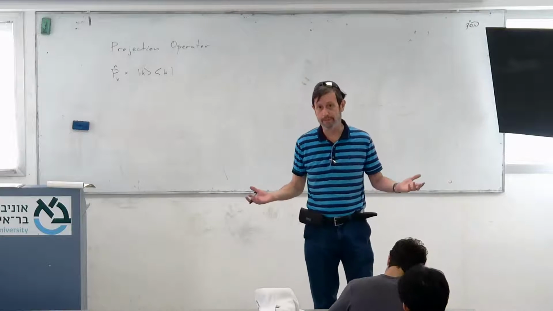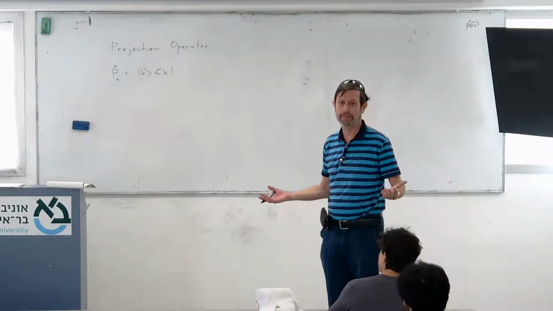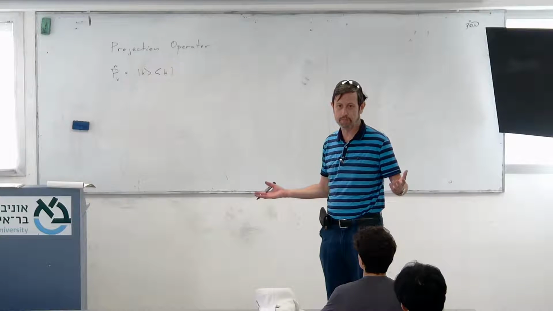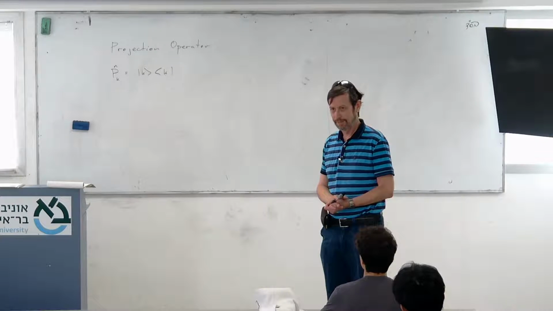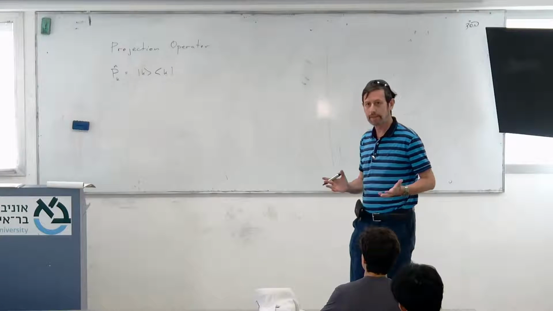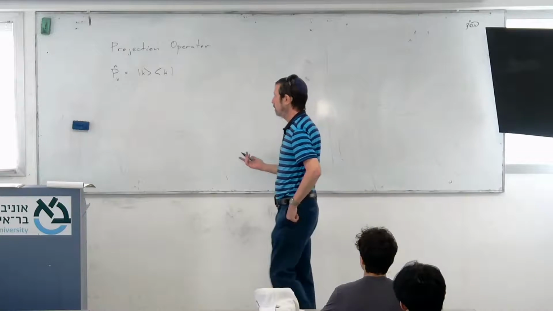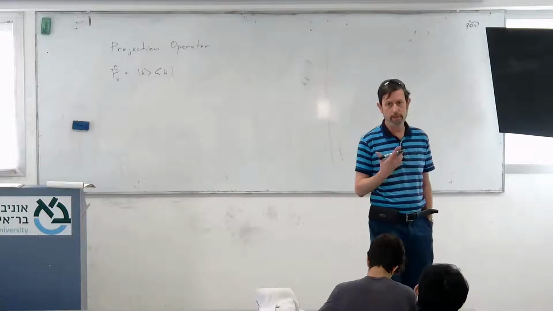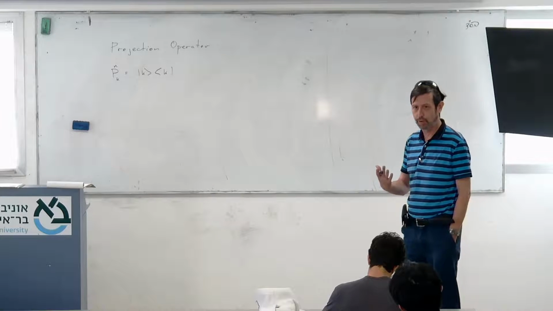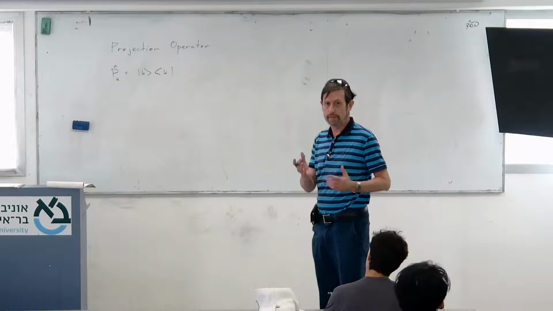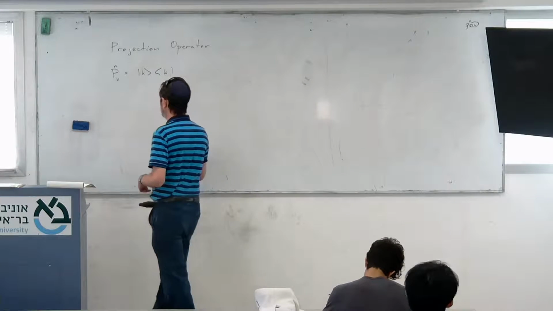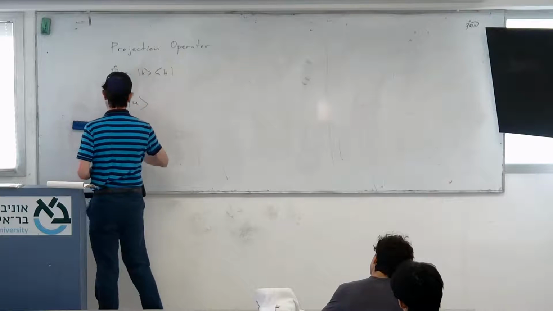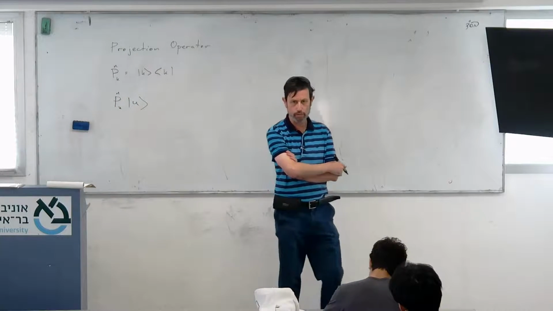Well, it's an operator, right? It's an outer multiplication of two vectors, and that's a matrix, and a matrix is an operator. What does it do? Okay, in order to learn what its utility is, what operation it performs, we'll use it on a general vector. So P_k that works on some vector U.